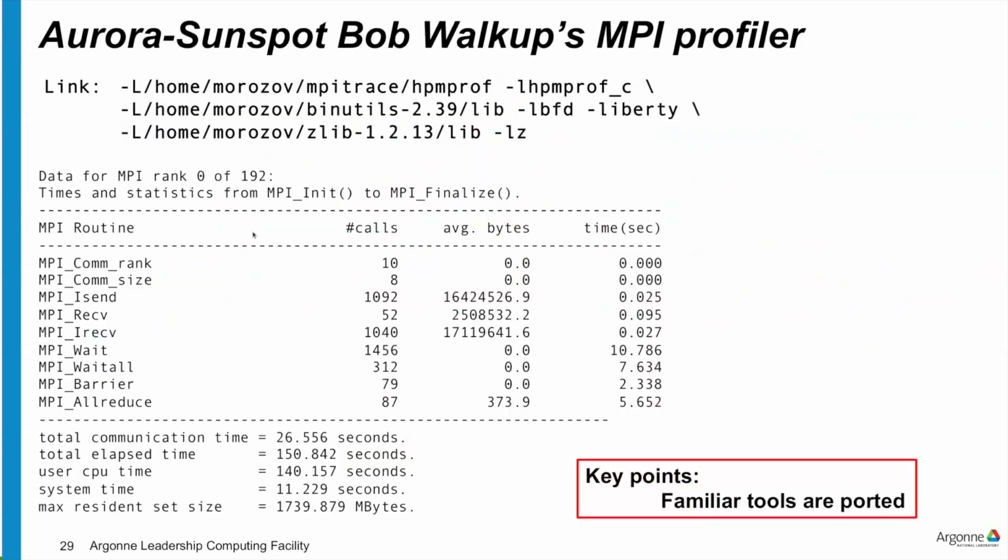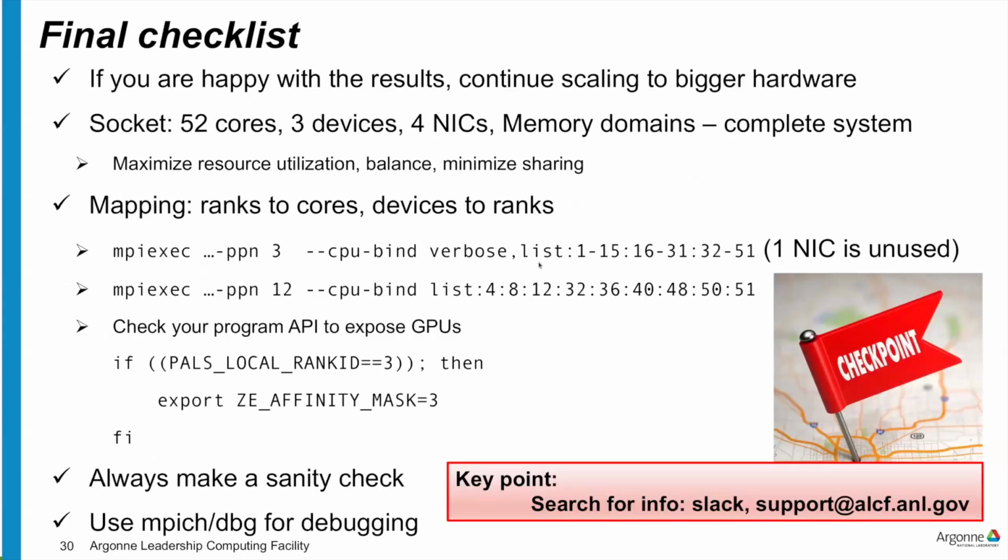And finally, for those people who use ALCF machines for a long period of time and know the IBM Bob Walkup's MPI profiler, it is here for you and you can use it. Here is the slide which shows how to do so. The final check: if you're happy with the result, just continue using the machine.